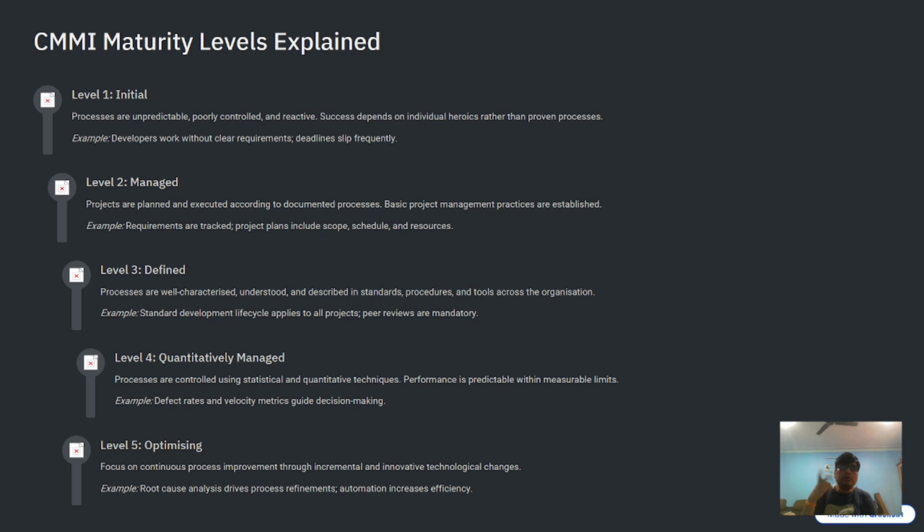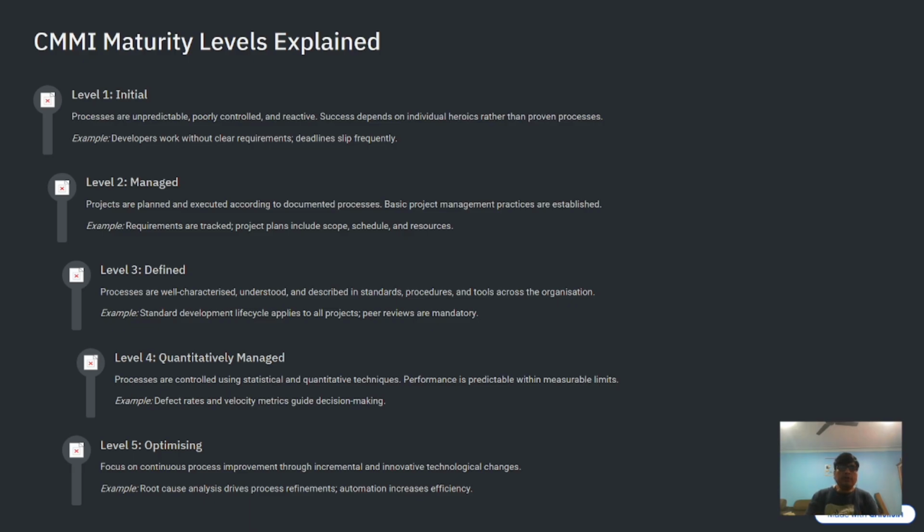So this is the ROI from that. What is the example? Defect rates and velocity metrics guide decision making. Based upon the rate of the defects coming up and the velocity metrics, what is the velocity, how the people are working on the project. So this is the quantitatively managed level, which is number 4.